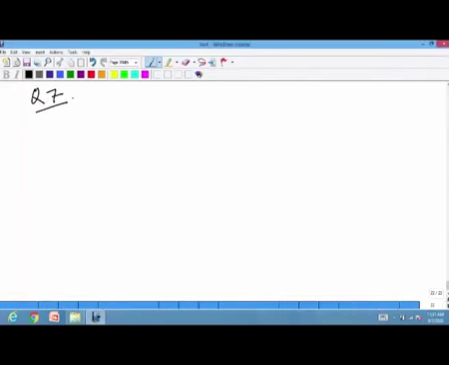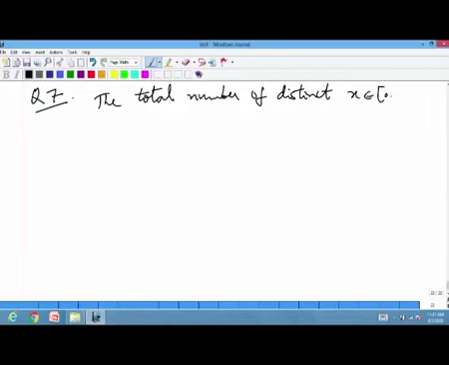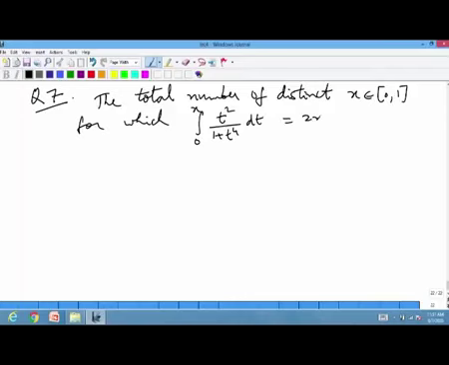Question number 7. The total number of distinct x in [0, 1] for which the integral of 0 to x of t squared by 1 plus t to the 4 dt is equal to 2x minus 1 is what?